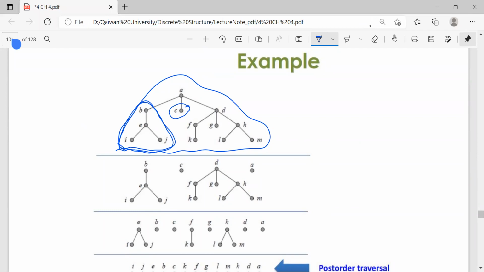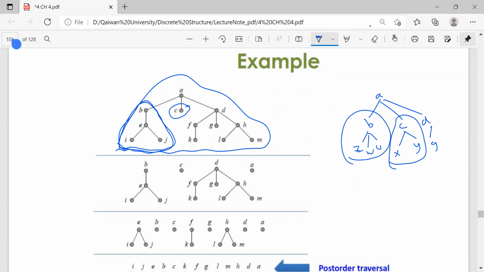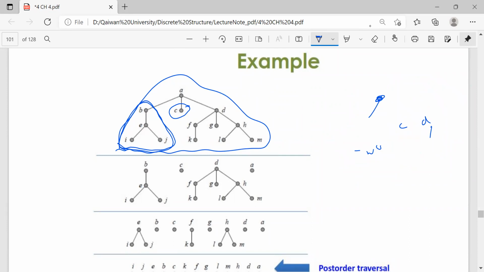For example, if we have something like this, we first write down this subtree, then this subtree, and then this one. We are going to write down all the subtrees from left to right. Then we write down the root. The most top one is the root in a tree.